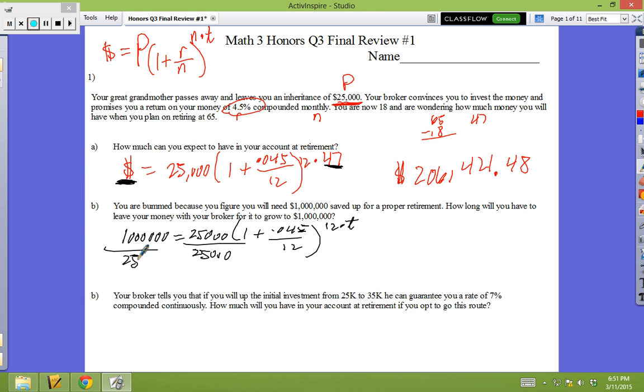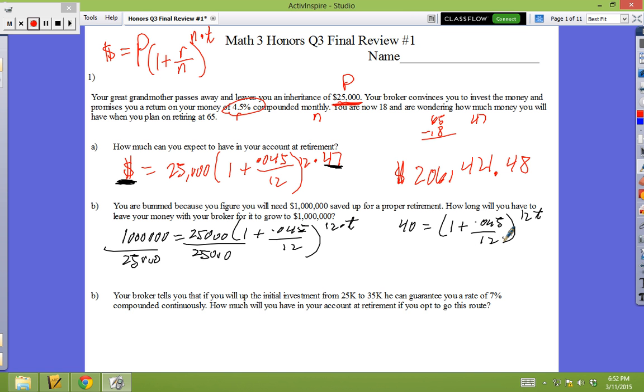Divide this side by 25 grand, and that's going to be 40 is equal to 1 plus 0.045 over 12 raised to the 12 times t. I'm going to calculate this.